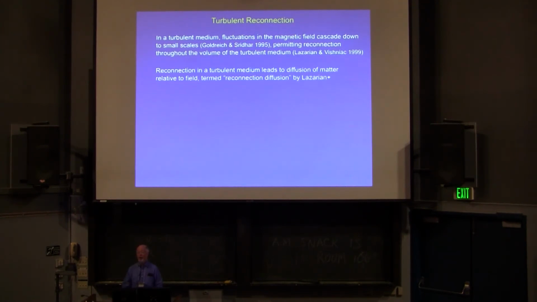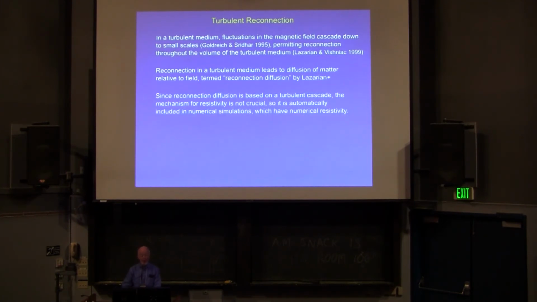But what happens is, because it's a turbulent cascade, you essentially start off with turbulence on a large scale, it cascades down to small scales, and when you get to small enough scale, then non-ideal effects come in. Now, precisely because the turbulent reconnection is based on this cascade, it's something that's naturally included in numerical simulations.